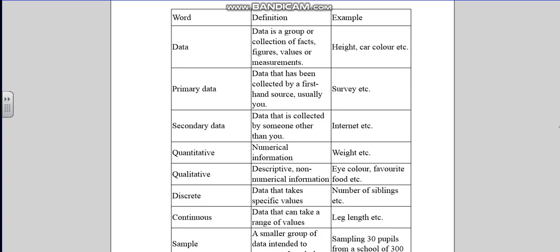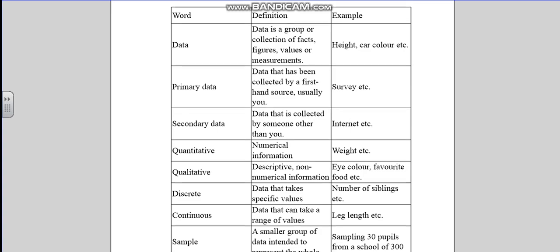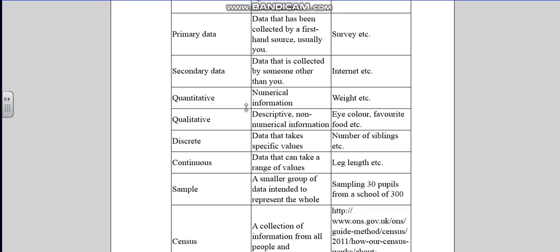Then we have the different types of data. So data can be split into quantitative and qualitative. Difficult words to say, so they've got so many T's in them. But quantitative is like the word quantity, and quantity means an amount. So quantity is numerical information. Okay, so it might be weight, it might be shoe size, it might be the number of cars that pass your school.